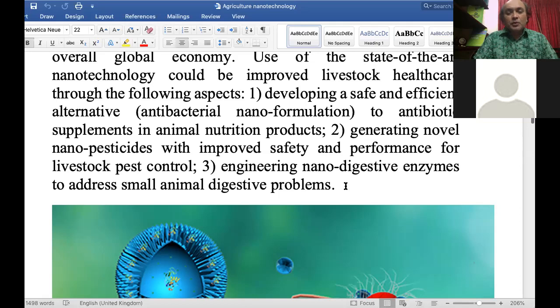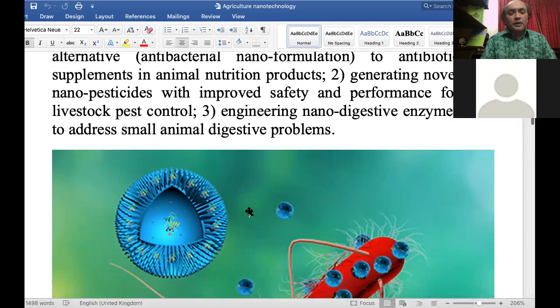A large proportion of the food or feed they are taking is unused and they are releasing it through the stools. So increasing digestion efficiency by using nano-digestive enzymes would be one of the important tools.